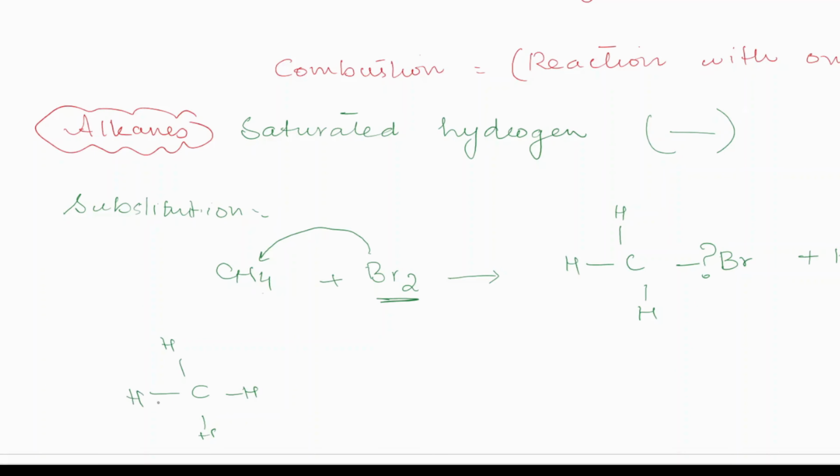Hydrogen, hydrogen plus bromine and bromine. Do you have a concept of electronegativity? No. Okay. Electronegativity is one of the concepts in chemistry in which we say one atom is strong enough to attract the shared pair of electrons.